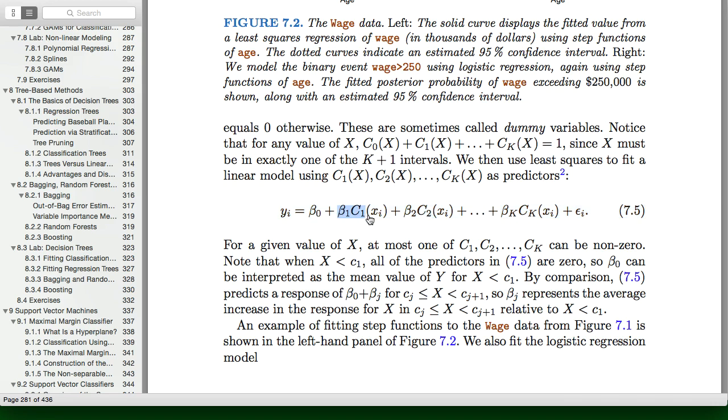And then for each one of these, it's turned on if x is in this region, and all the others are turned off. So then yi is equal to beta 1 times 1, because the output of this function is 1, plus the error term.